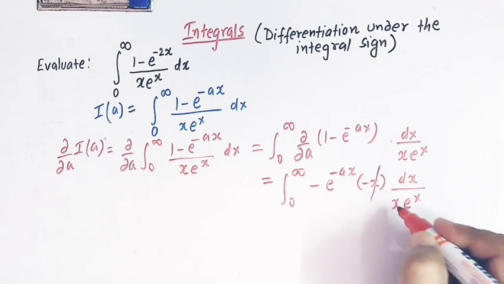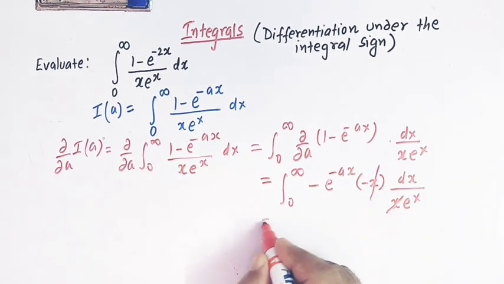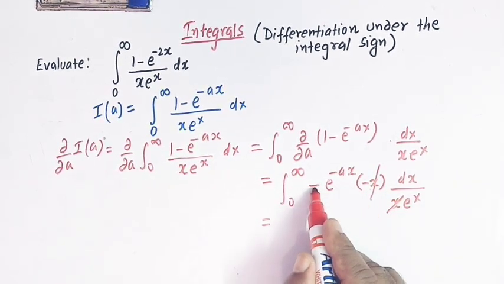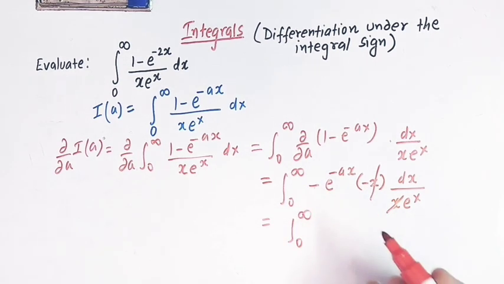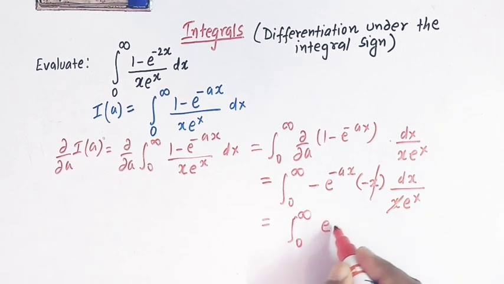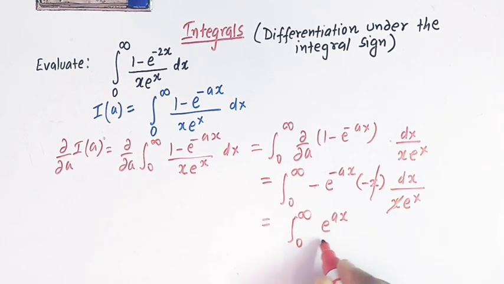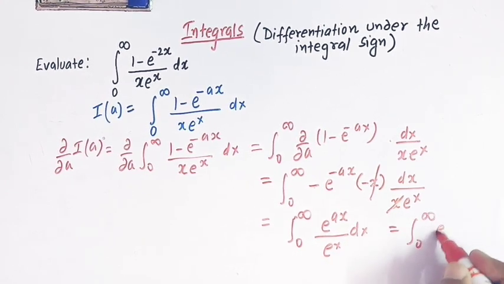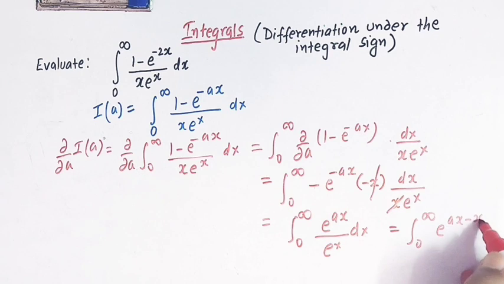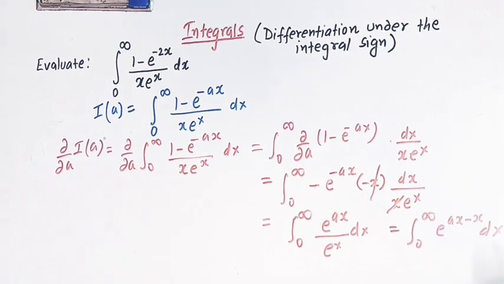Now see, this x and this x get cancelled, and minus minus becomes plus, so we have 0 to infinity e^(-ax) divided by e^x dx, which is 0 to infinity e^(ax - x) dx.